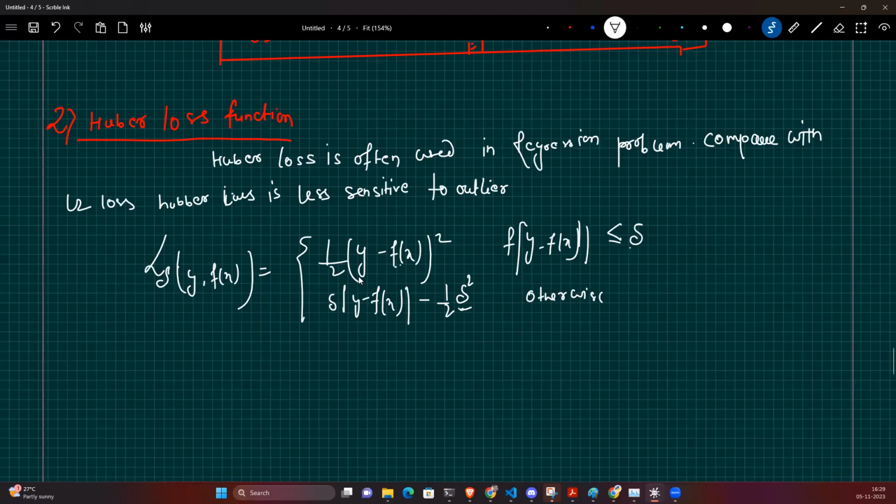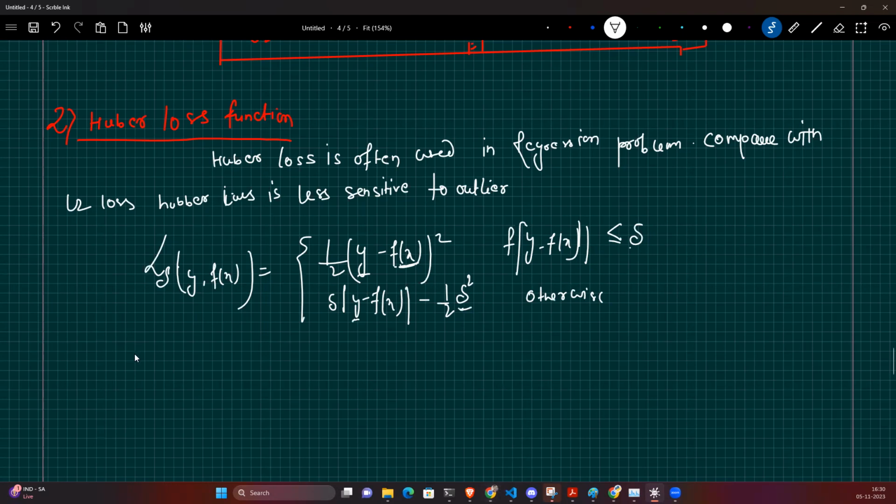So when y minus y predicted is less than or equal to the delta value, this function will get applied; otherwise, the other function will get applied. This is called Huber loss.